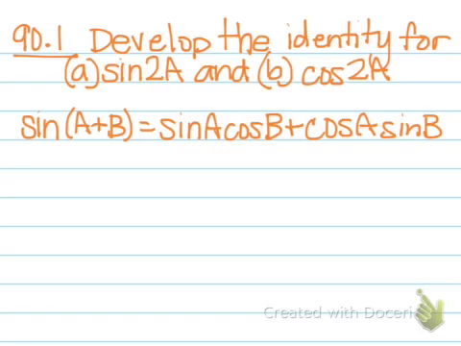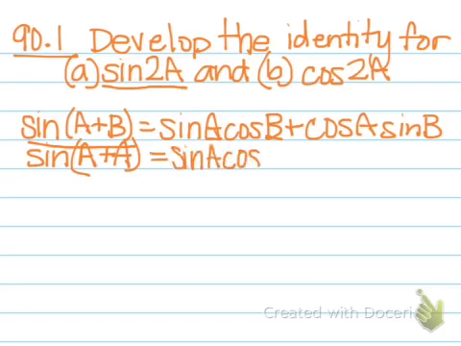So we start out with what we know. We know that sine of a plus b is sine a cosine b plus cosine a sine b. And now we need to see if we can manipulate this into something that looks like sine of 2a. We can do it pretty easily if we say sine of a plus a, because a plus a is going to be 2a. So instead of having a and b, now we're just going to have a and a.